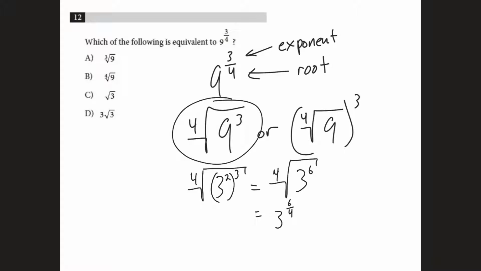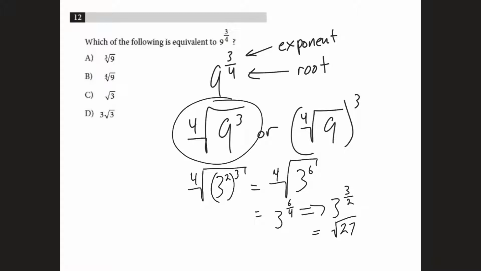Well, I know that 3 to the 6/4 can be reduced to 3 to the, what's that going to be? That's going to be 3/2. Okay, so 3 to the 3/2, that's going to be equal to the square root of 3 to the 3rd power, which is 27.